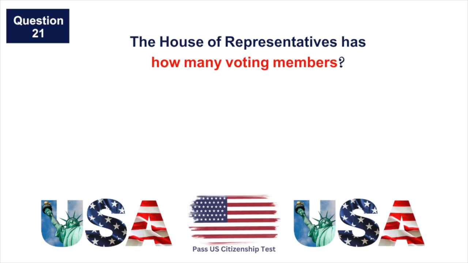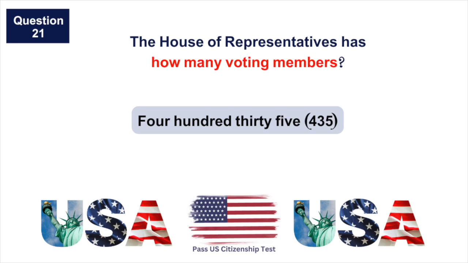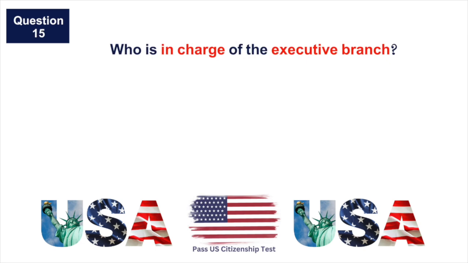The House of Representatives has how many voting members? 435. Who is in charge of the executive branch?